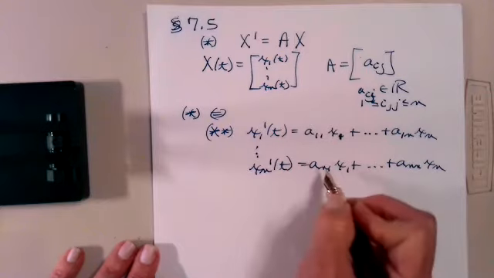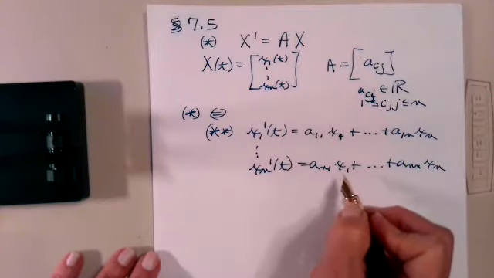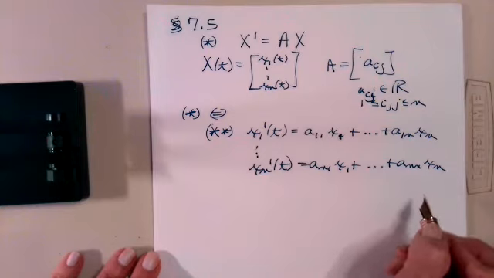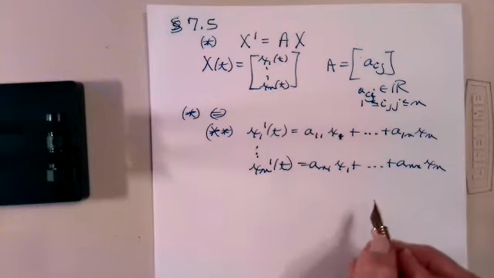So each one of these is a first order linear homogeneous equation in the unknowns x1 up to xn.